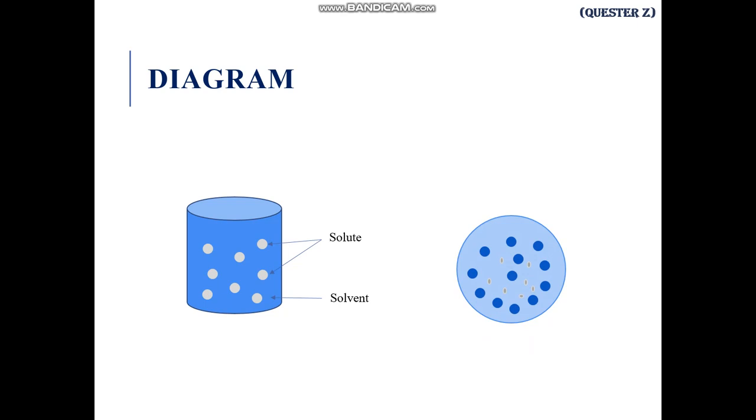If they are present inside, it means they are completely dissolved, present inside the spaces of the solvent molecules. So a solution will be formed when solutes completely dissolve in a solvent. If the solute particles do not dissolve in a solvent, it means it is not a solution, it is simply a mixture. Because a solution is a homogeneous mixture, with solute completely dissolved in a solvent.